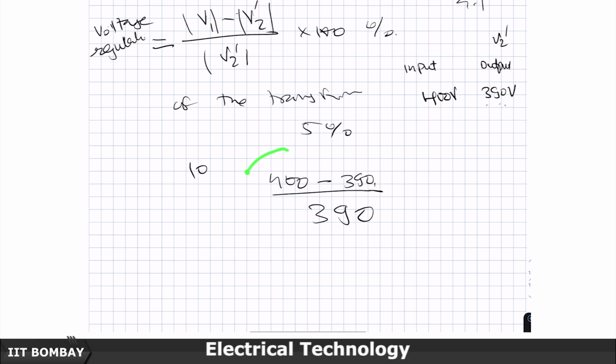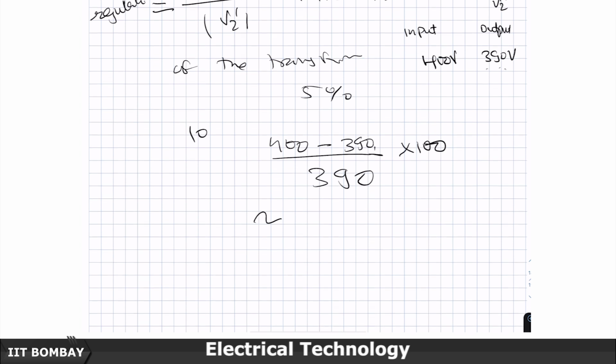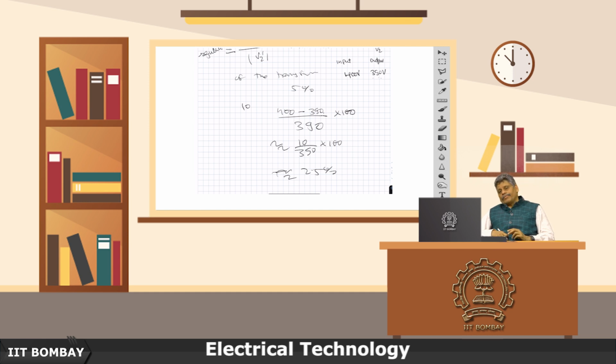Now, what I have got is the per unit drop in the voltage, which is the voltage regulation, which I usually multiply by 100, and so this is going to be 10 divided by 390 into 100, which is approximately 2.5%. If you had used 400 in the denominator, you would still say the voltage regulation is about 2.5%, which means around 2.5% drop in voltage is going to happen.